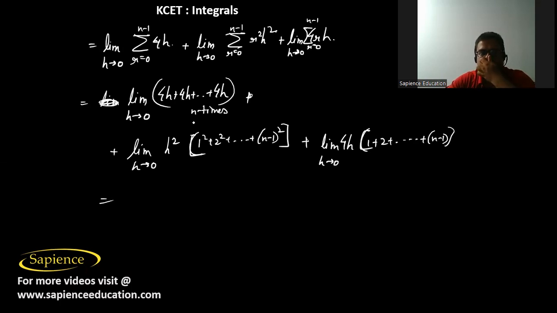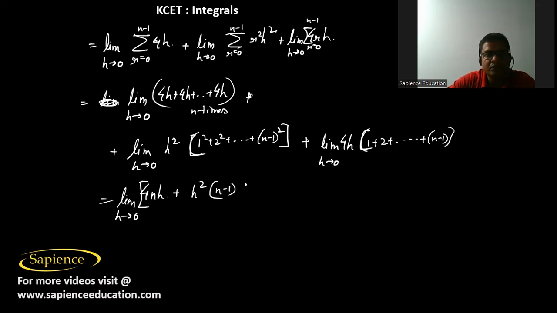So this will be equal to 4h n times, means 4nh, plus limit h tends to 0, h square into the sum of the squares, which is n into n plus 1 into 2n plus 1 by 6.